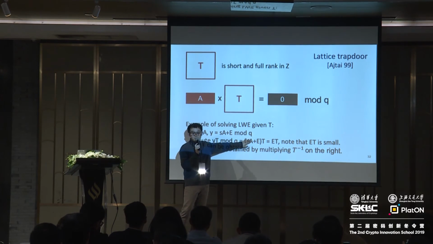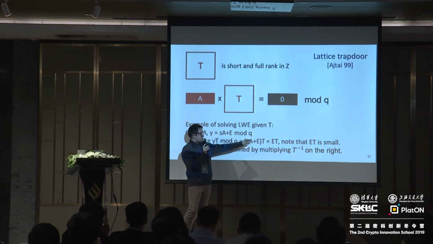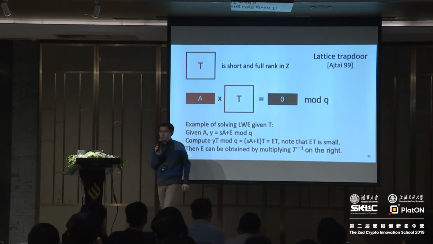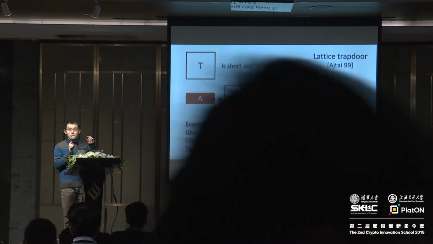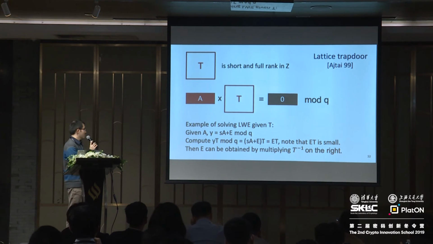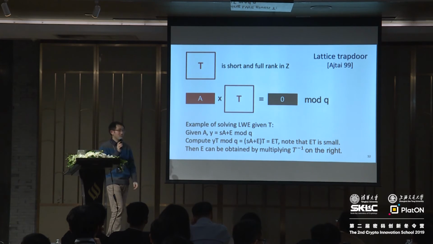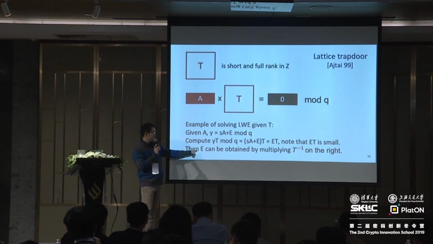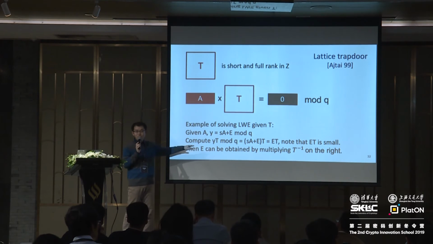So this part cancels out, and you're only left with the error times T. By the way, you do all of this mod q, and then you can notice that the result of E times T is actually small, even mod q, in the sense that everything is very close to 0 in Z_q. So you take this value directly, interpret it as a value over the integers, and then the error can be exactly recovered by multiplying by T inverse, which is the inverse over the rationals, on the right-hand side of ET. So you recover the error. After you recover the error, you can recover the secret.